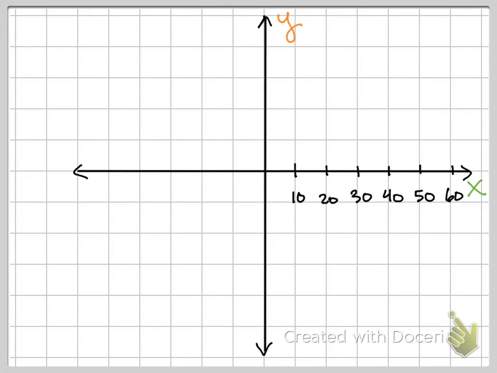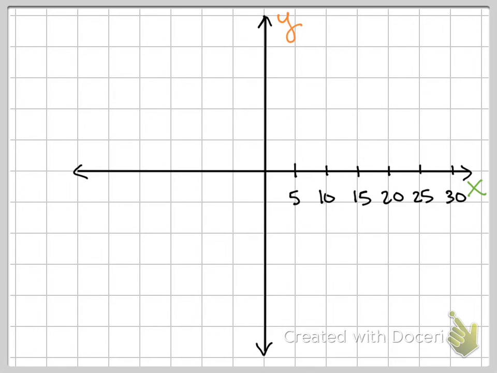That is an option. You could also go by 5s if you felt like you needed more space, or if you wanted to use your space a little better. So that would look like this: 5, 10, 15, 20, 25, 30.